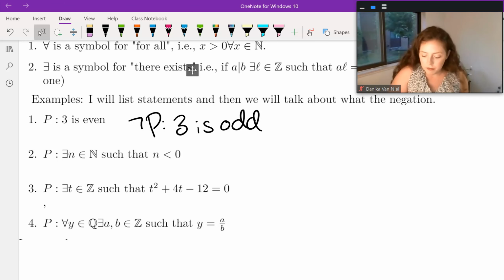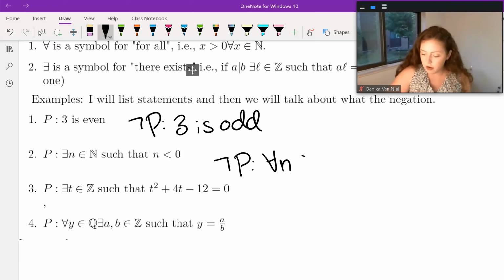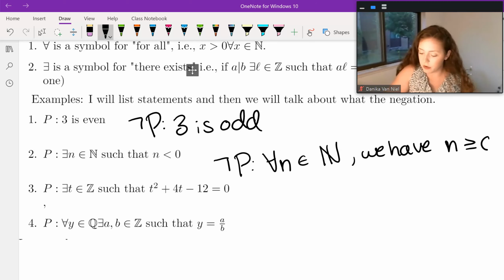So P: there exists an n in the natural numbers such that n is less than 0. Okay. So the negation of P would be: for all elements n in the natural numbers, we have n is greater than or equal to 0. Okay?